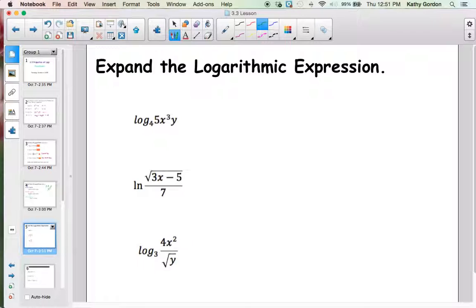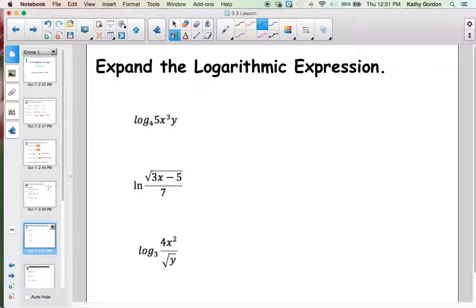All right, so usually what you get asked to do with that second set of properties is to be able to expand or condense a logarithmic expression. If I start with a single logarithmic expression like this, then expanding it means changing it into the sum and difference and multiplying by coefficient kinds of terms that are all being added and subtracted.